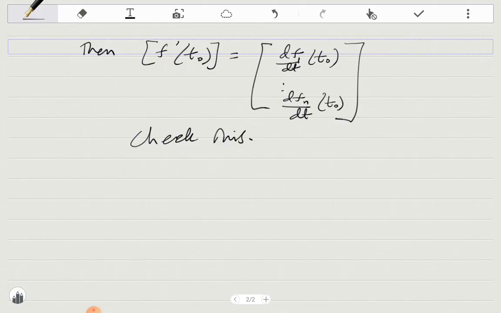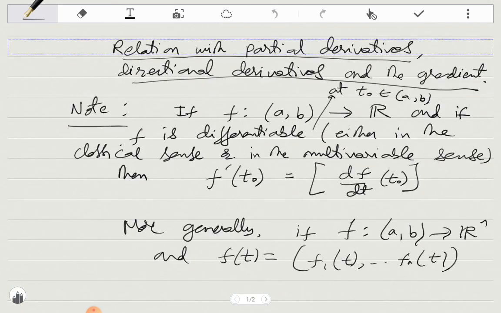The upshot is that when the domain is just an interval in R, the target doesn't matter. Differentiability is in fact the same as differentiability in the classical sense, which is not surprising because when the domain is just an interval in R, we are in the realm of one variable calculus.